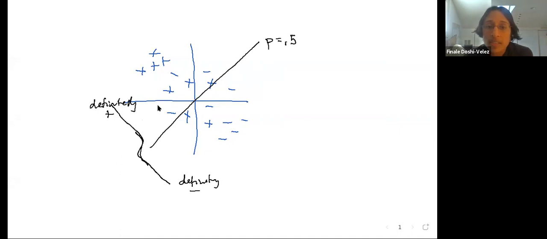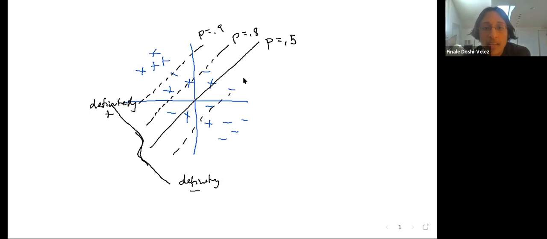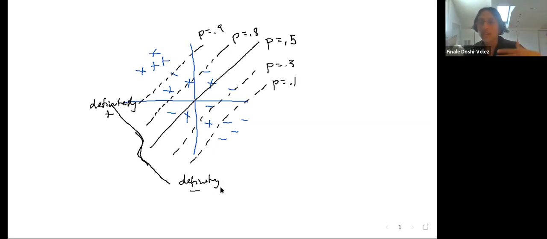But there's other choices, right? So this could be the line corresponding to p equals 0.8. Maybe there's another line here corresponding to p equals 0.9. And then on this side, the probability of it being positive is going down. So here's maybe a picture of what this might look like once you actually fit your classifier.